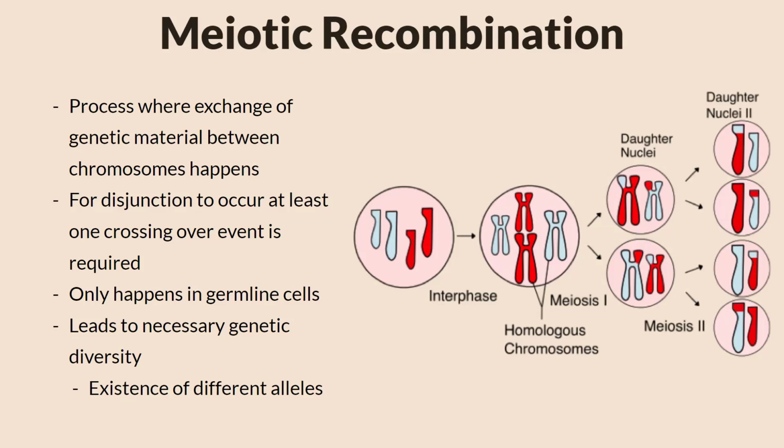For the disjunction to happen in meiosis, you need a recombination event, typically crossing over events. You need at least one crossing over event, or else it just does not happen.